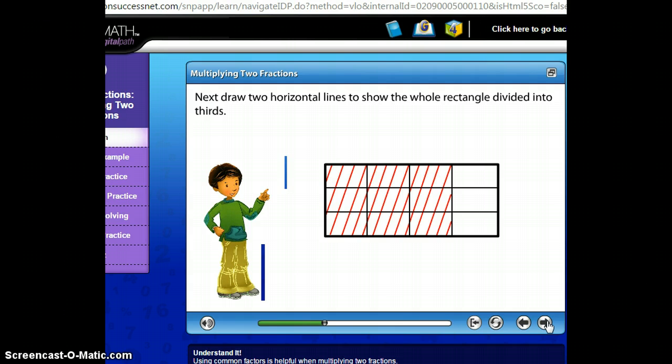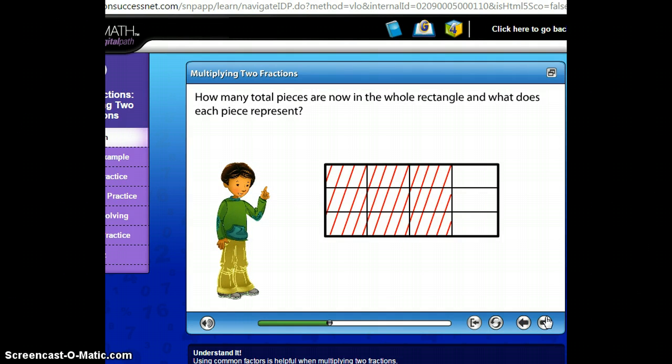Next, draw 2 horizontal lines to show the whole rectangle divided into thirds. Now they put it into 1, 2, 3 sections, thirds, because it says that they ate 2/3 of the 3/4. How many total pieces are now in the whole rectangle, and what does each piece represent? So how many pieces are in the whole rectangle now? Paige? 9.